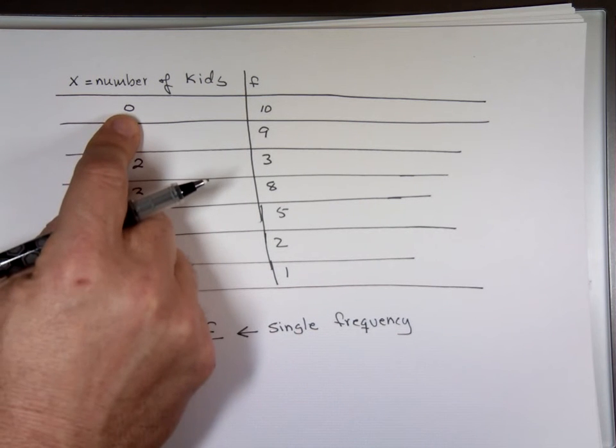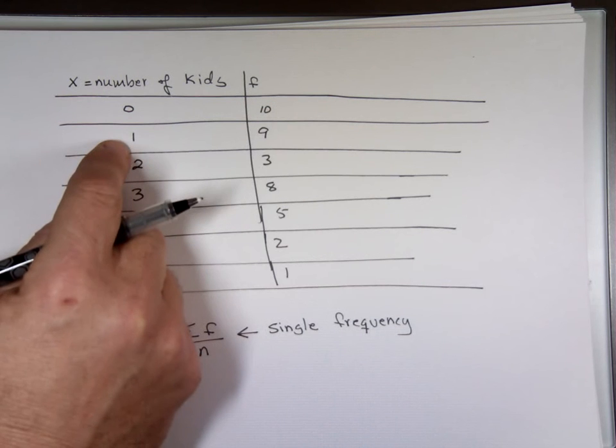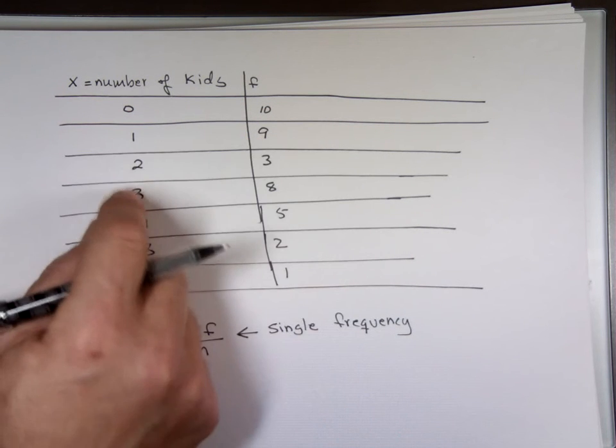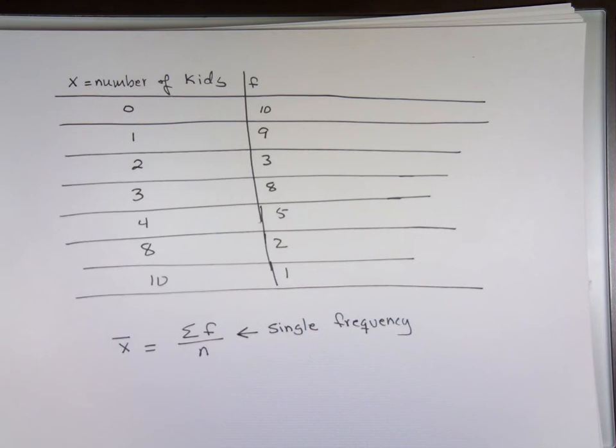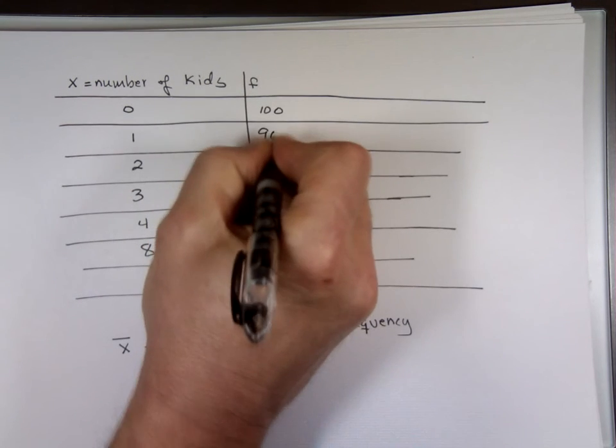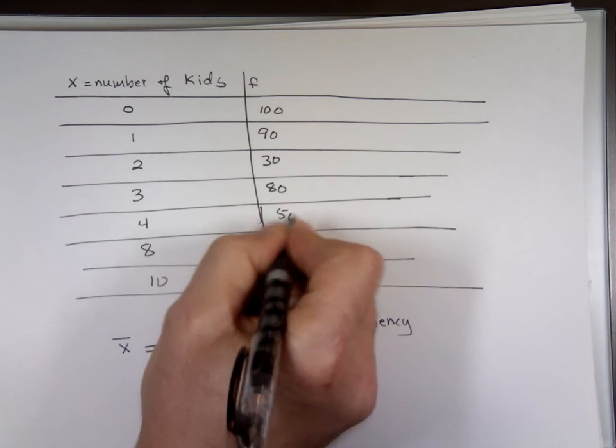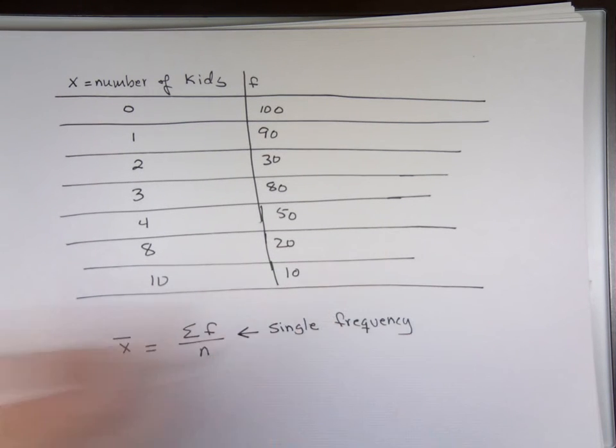Write the 1 how many times? 9 times. Write the 2 how many times? 3. So some of you might actually do that. Hopefully you're not going to be crazy enough to go and write the 0 100 times, and the 1 90 times, and the 2 30 times, and the 3 80 times, and the 4 50 times.